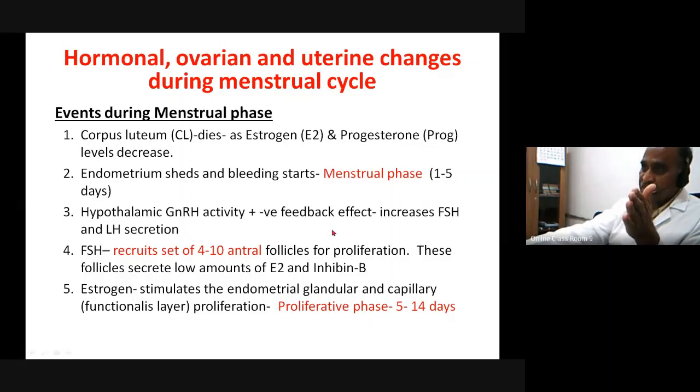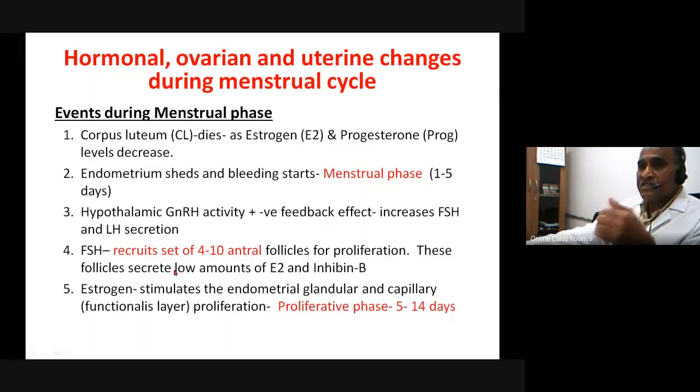That means there will be a withdrawal of the negative feedback, and that increases the FSH secretion, though not as much of LH. Now this FSH, because I'm taking only FSH, recruits a new set of follicles, the antral follicles, so that begins the proliferation. That means you are getting the follicular phase here.